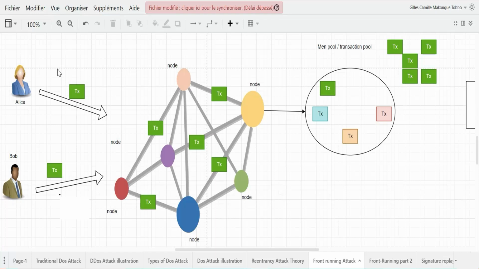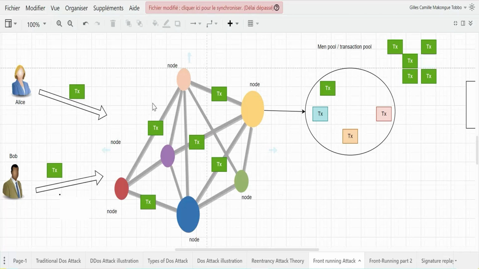Once Alice sends a transaction on the blockchain, miners have to compete with each other, as you know, to be able to validate the transaction. And once it is done, the transaction goes into the blockchain so that all the nodes can have a copy of that.